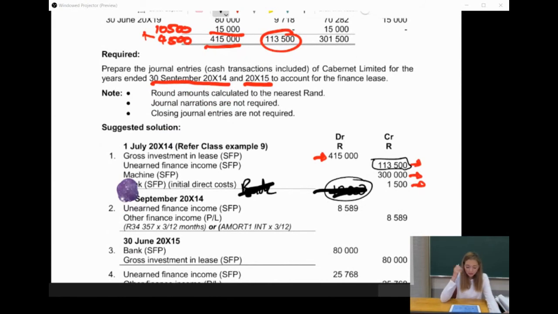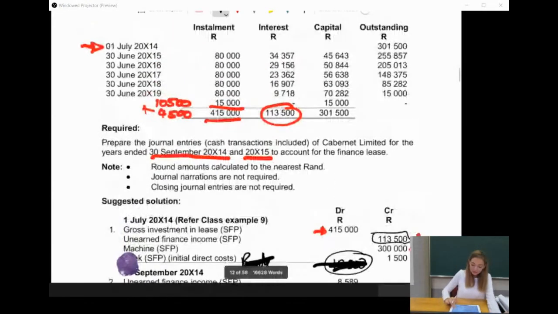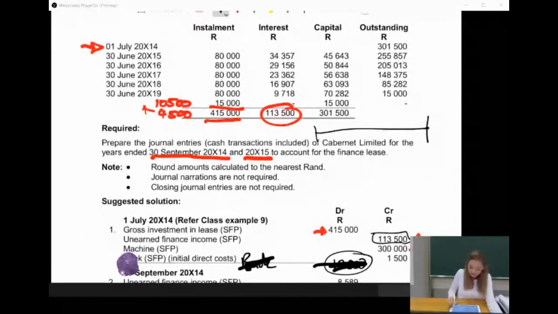The subsequent measurement now, what happens is we go to our amortization table and we see, okay, now we are sitting at our financial year end, 30 September X14. We entered into the lease agreement on the 1st of July, but we have not yet received the payment. However, we have earned some of the finance income.